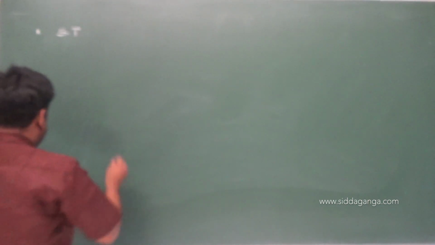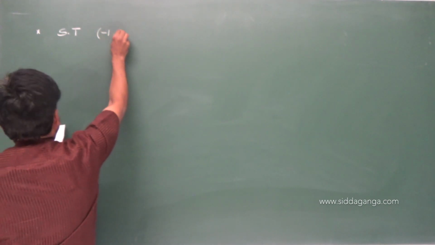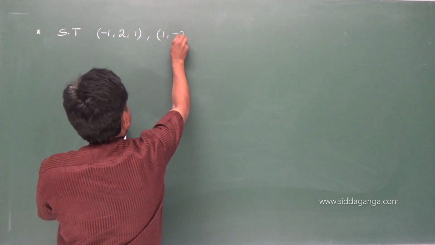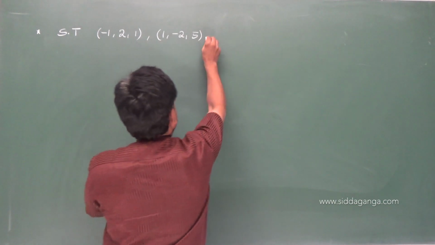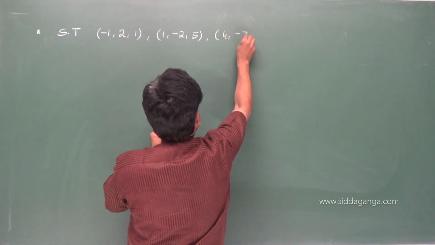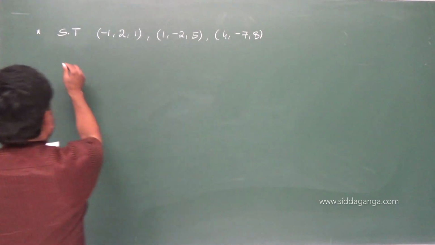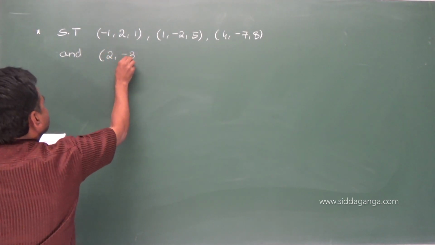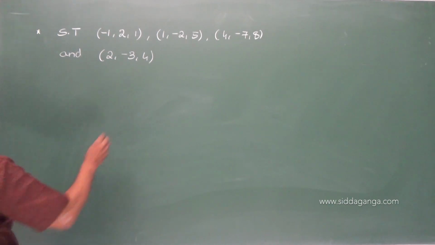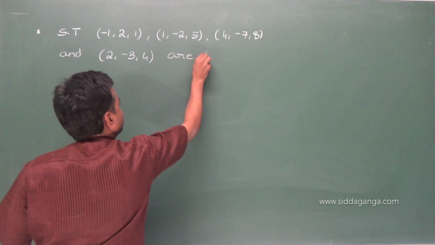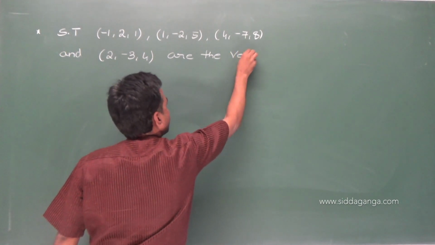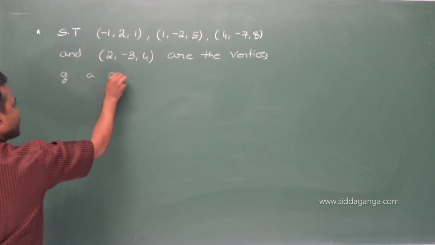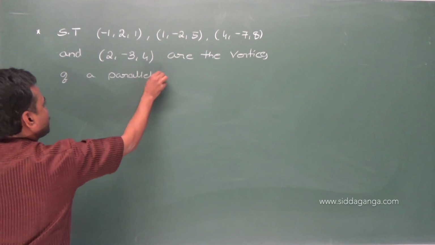Show that (-1, 2, 1), (1, -2, 5), (4, -7, 8) and (2, -3, 4) are the vertices of a parallelogram.